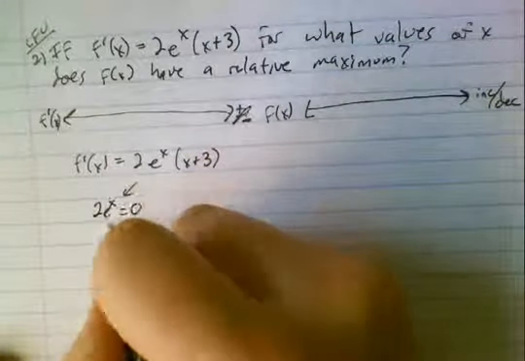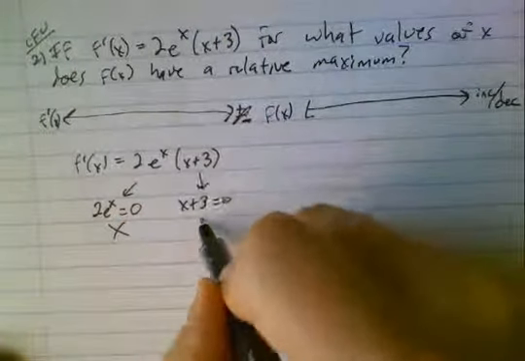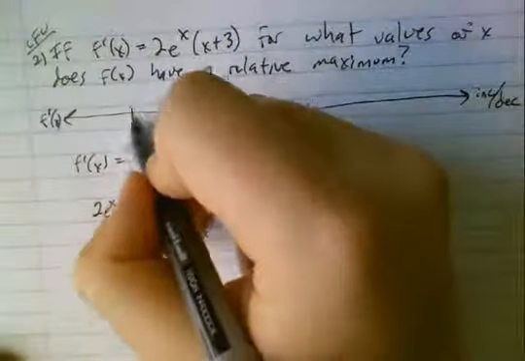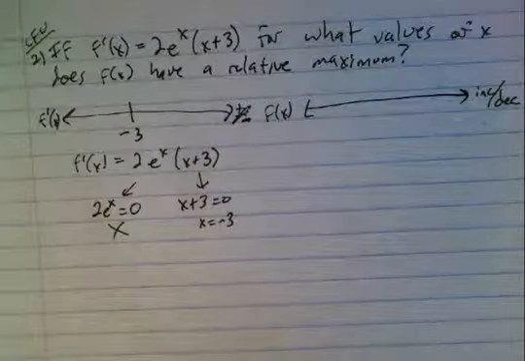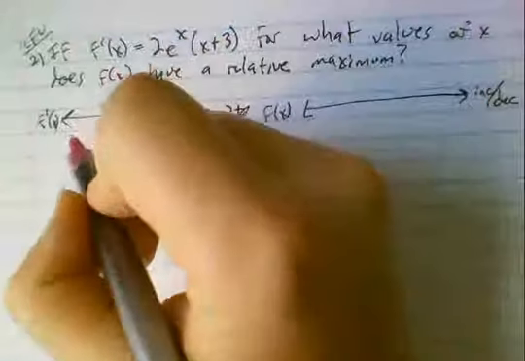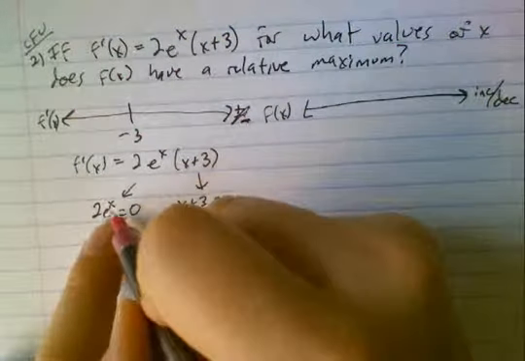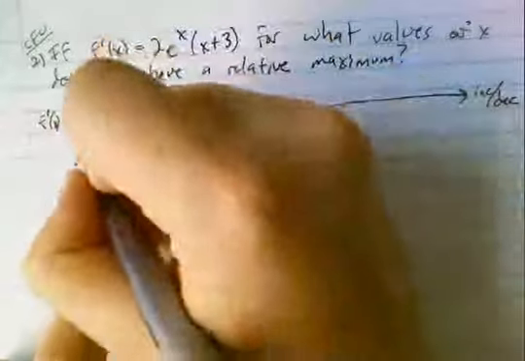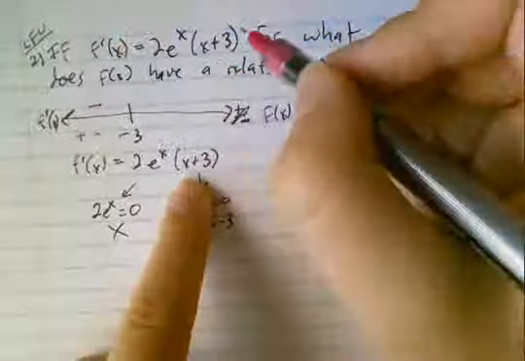So we find our zeros and make our sign chart. 2e to the x never equals 0, that's always positive. So for a number less than -3, 2e to the whatever is always positive. A number less than like -4, -4 plus 3 is going to be negative, so this is negative overall.